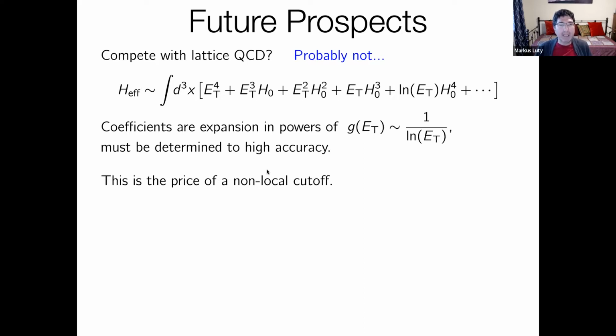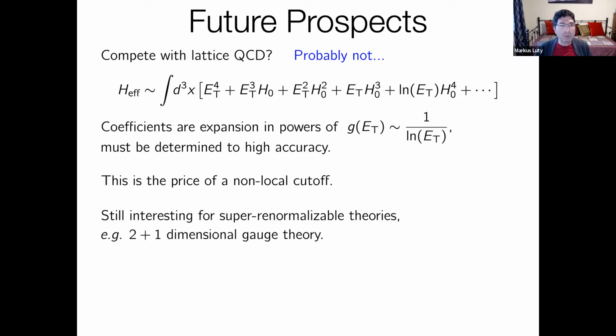But that's my unvarnished take on the long-term future of the subject. I think it's still interesting for super-renormalizable theories. I still think we want to think about, for example, gauge theories. There are lots of theories we can still have fun with.